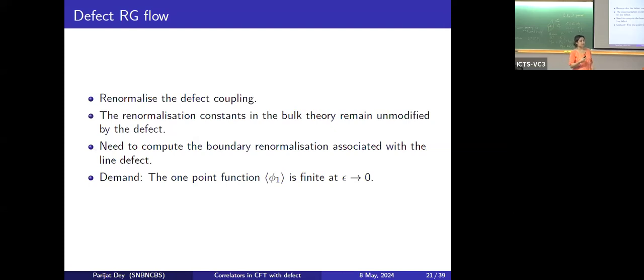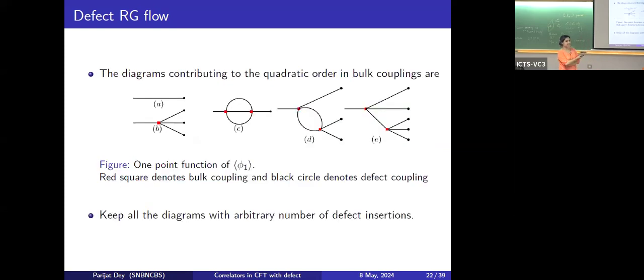But I'm still not getting where the boundary condition is, because we did not use it anywhere at any point. So the question is, how do you compute this? These are the diagrams for the 1-point function. What boundary conditions do you use for this propagator?